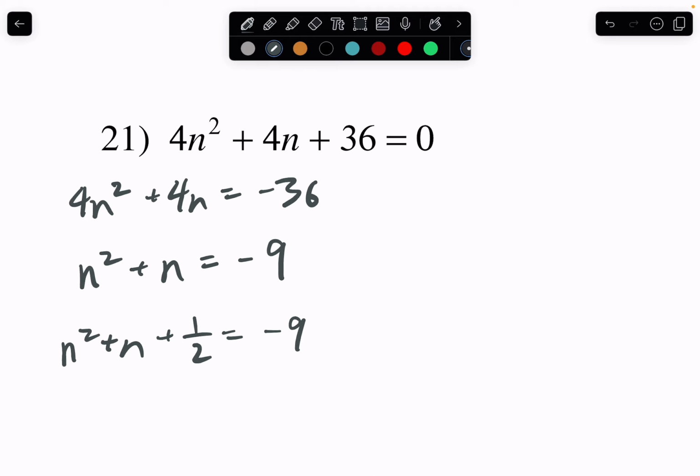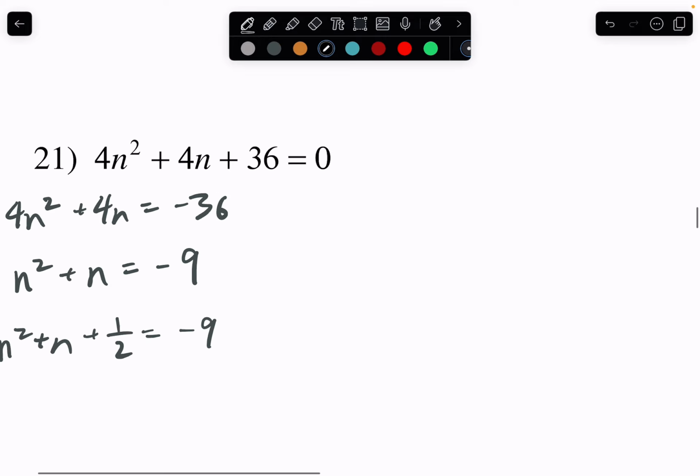Actually, this is the hardest question so far. What the heck? Let me see if I could solve this by quadratic. Never mind.